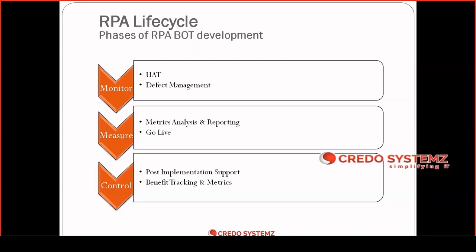So the go live will be planned, and then we have the control state. The control state is the monitoring of what happened. So far we created the process automation in an environment which was a replica of the actual production environment, right? Now that we have deployed it into the actual production environment, you will be dealing with the actual live data that is coming in, and we are going to monitor it.